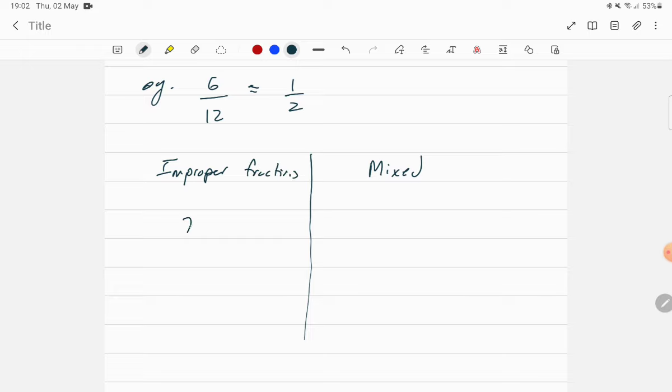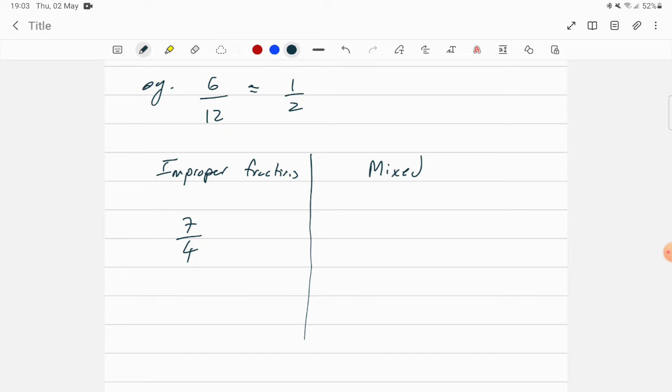For example, 7/4. Generally, when the numerator is bigger than the denominator, it's best to keep it in improper form, depending on the situation. What this is telling you is that 7/4 means there are 7 quarter pieces, so you have one whole and then three other quarters.